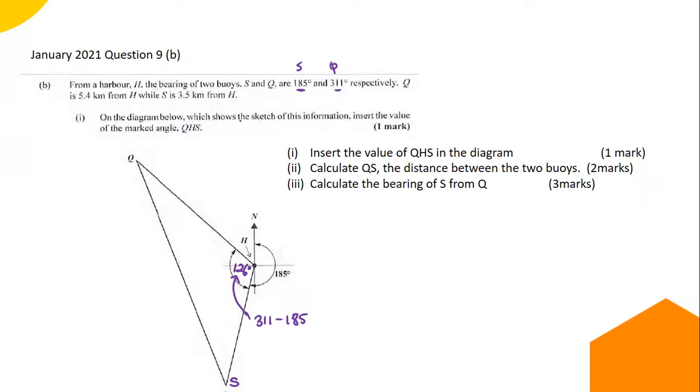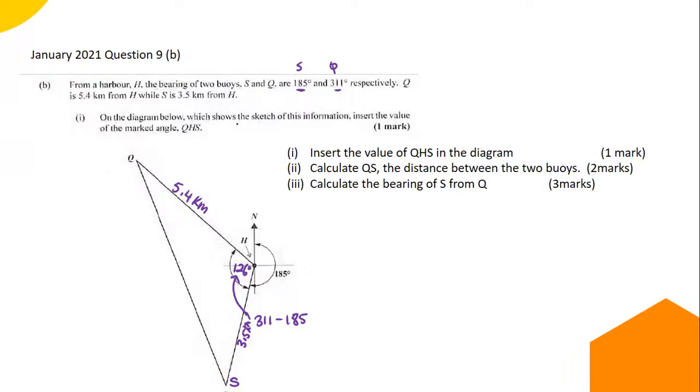Okay, let me read that. On the diagram below, which shows the sketch, I totally forgot this part. Q is 5.4 kilometers from H. This is H and this is Q. While S is 3.5 kilometers from H, so this length here is 3.5 kilometers.